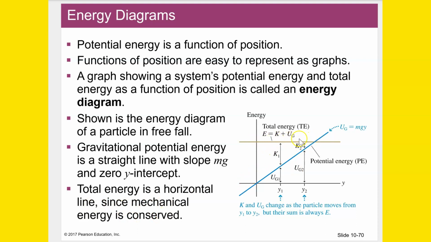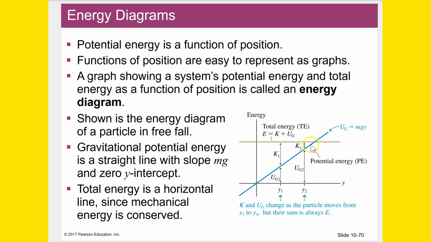So this line up here is the total energy of the system. As we go along this blue line, the potential energy is increasing. Think of the point that you are on the blue line as the amount of potential energy in the system.